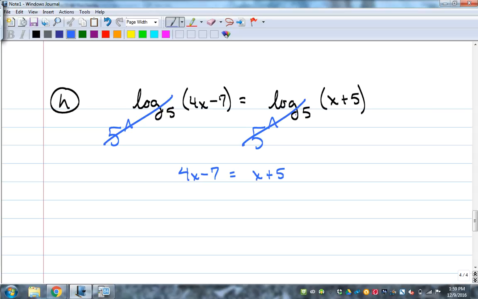On that problem you don't have to write down the 5, because there was a log on each side. We're going to get to the next example where there's not a log on each side.